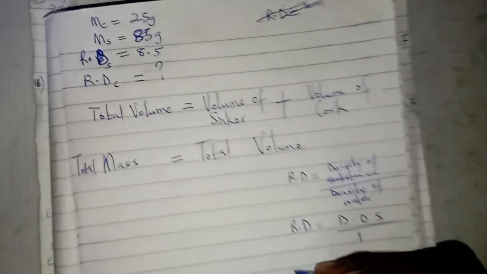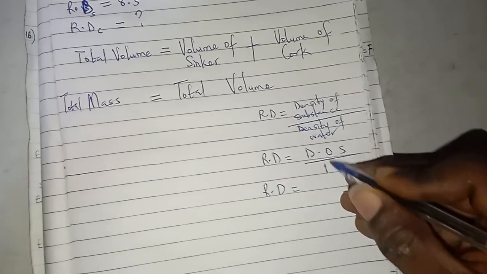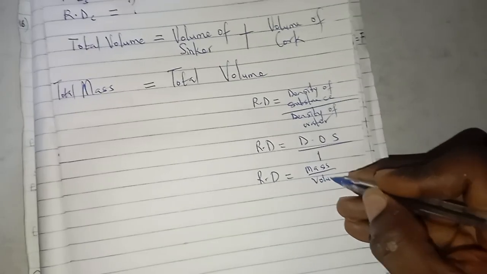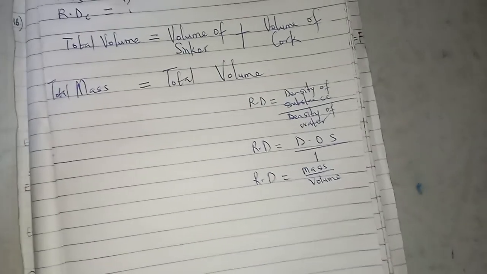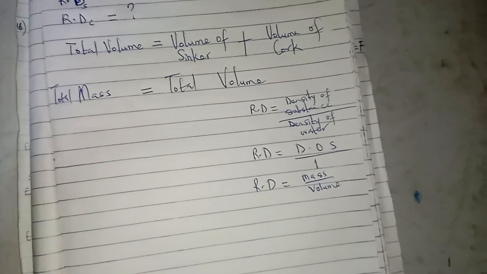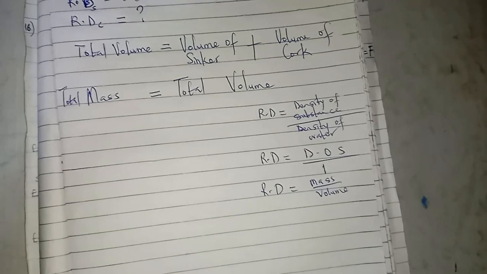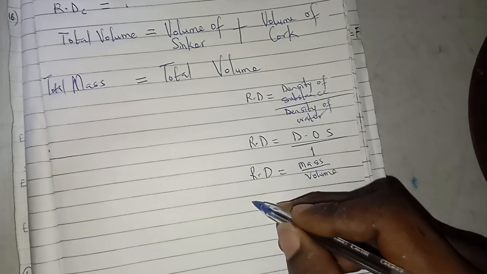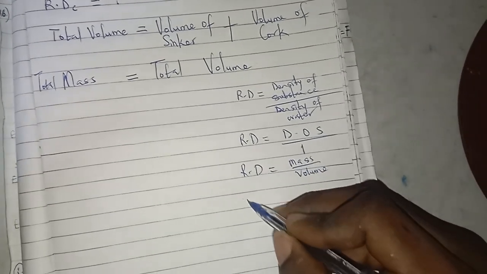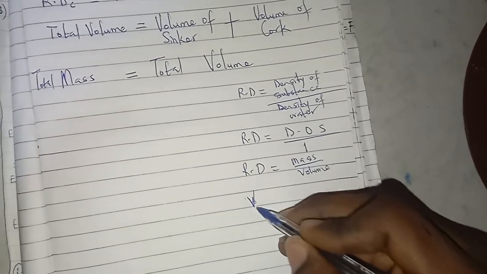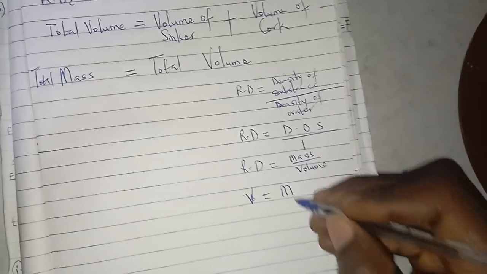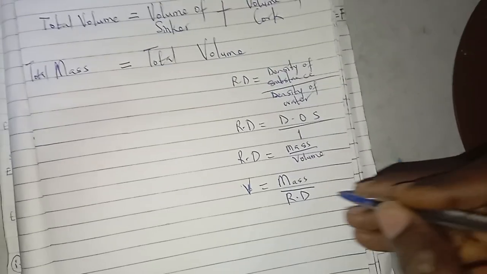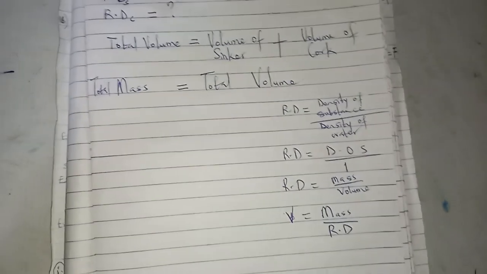Anything divided by 1 is itself. So relative density is simply the density of a substance, the same as mass over volume. Which means that if you want to make volume the subject of the formula, volume is equal to the mass of that substance all over its relative density. Have you seen it?